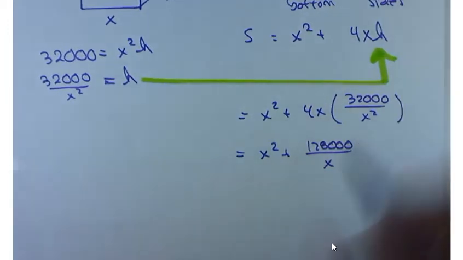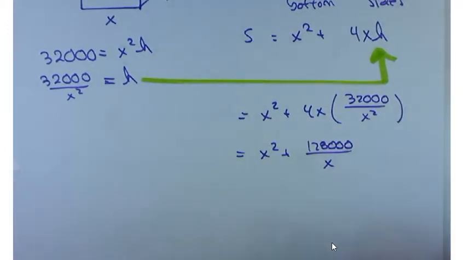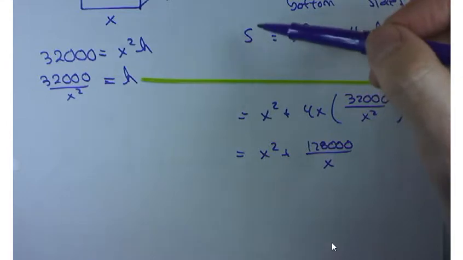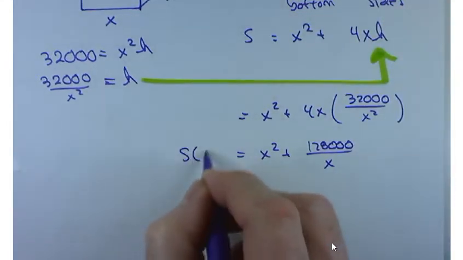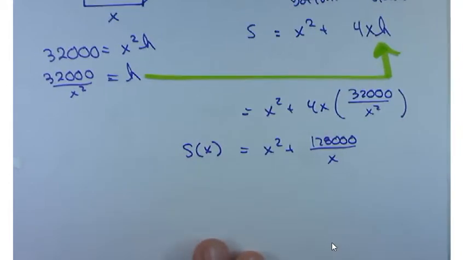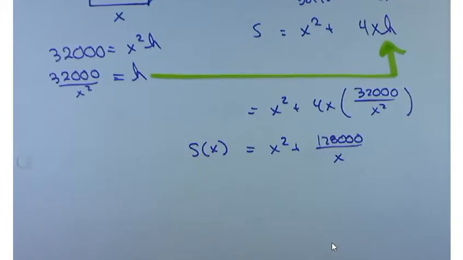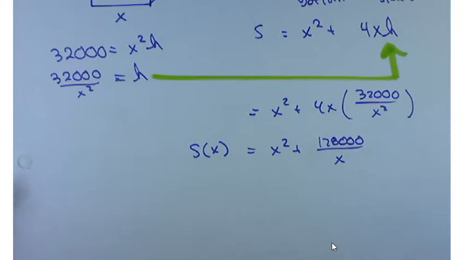This is exactly what I wanted. Now up here I was calling that S. The distinction I want to make now is that this just depends on one variable. So I'm going to call that S of X. That's what I was looking for. I wanted a function that depends on just one variable. So there's that function.